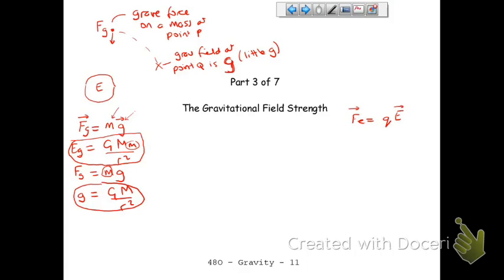And we won't always deal with planets, but it's good to visualize planet and, you know, asteroid or something. Okay. So, in a way, and this is a bit of a, it's not a cheat, but I would get the same numerical value for my gravitational force and my gravitational field if the little mass was 1 kilogram.